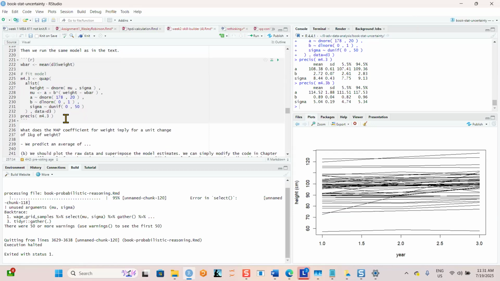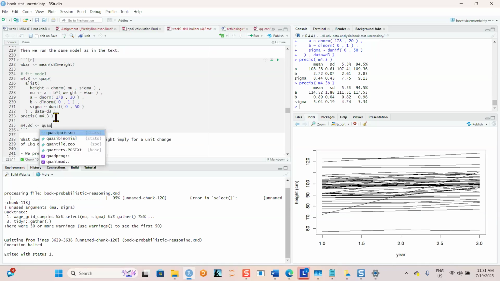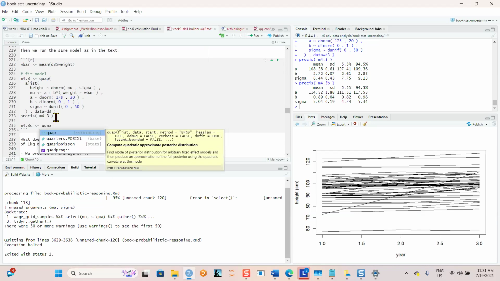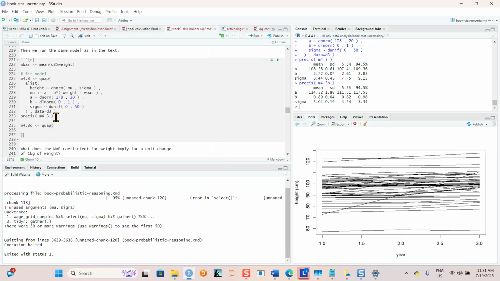Okay. Well, this M4.3C, and do a co-op on it. Now remember, we had to do it twice because of the nature of the optimization routine going on underneath. And we're going to put in this mu.